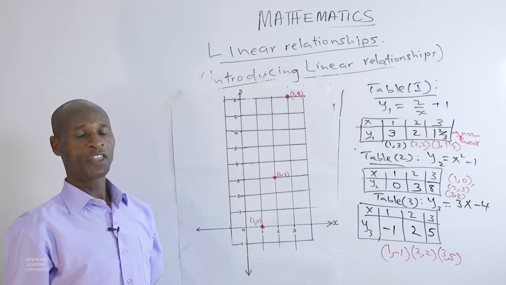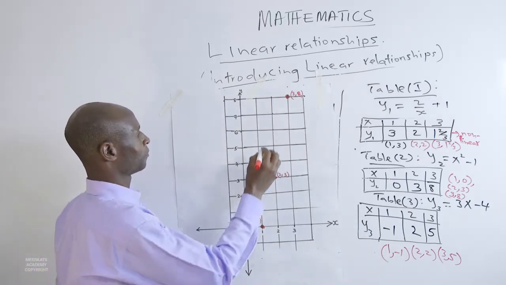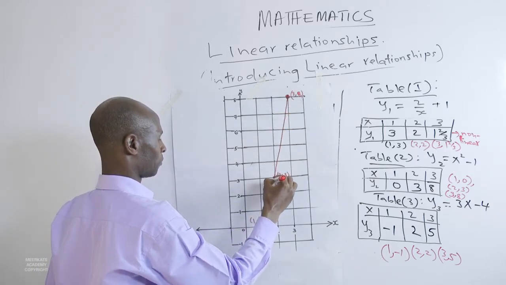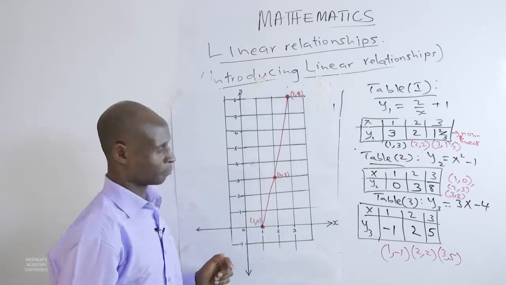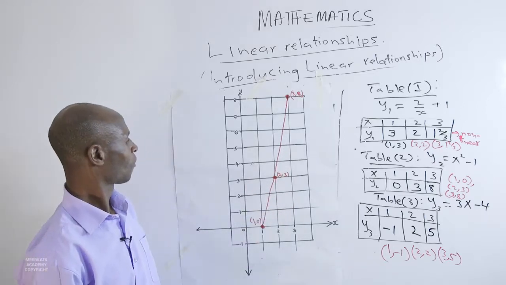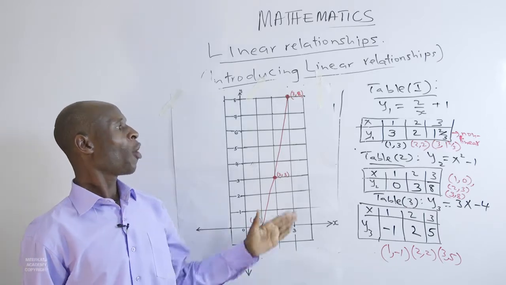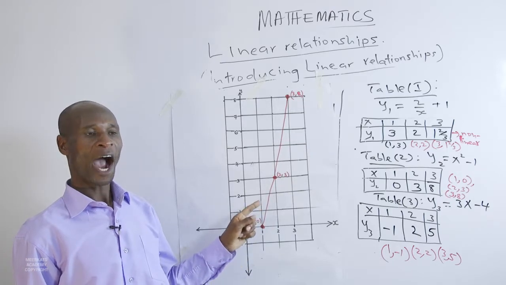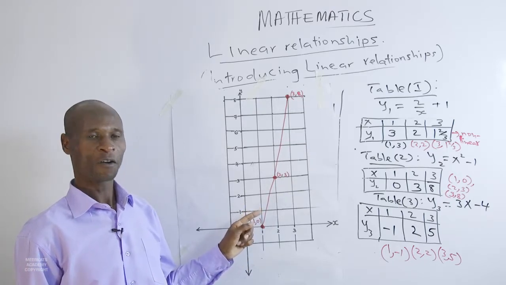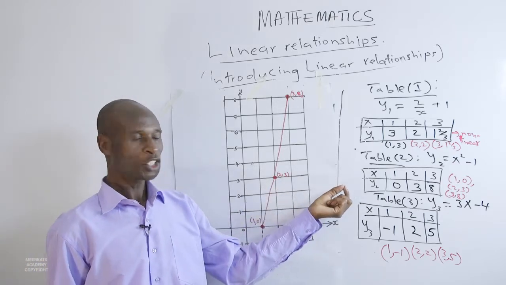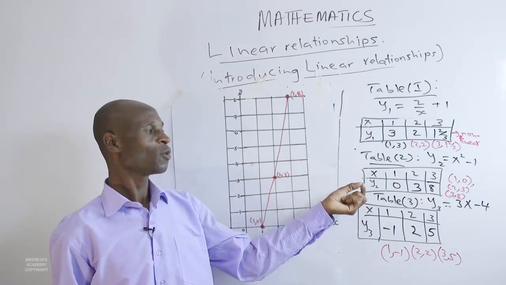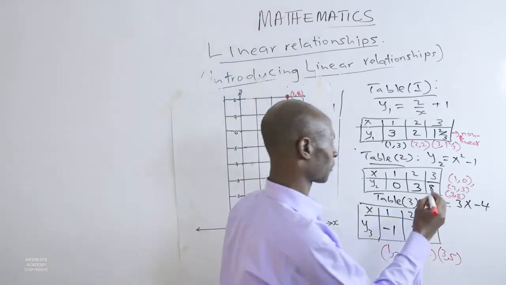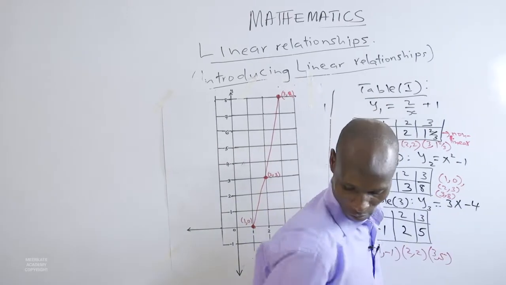You finally join the points. When the points are joined, we notice that we are getting a curve, and therefore the relation y squared is equal to x squared minus 1 is again nonlinear.